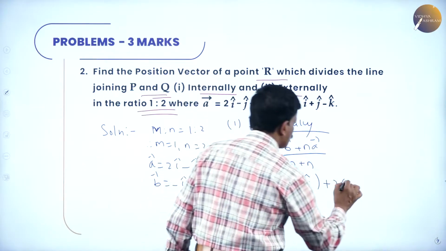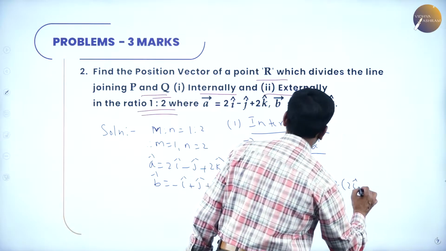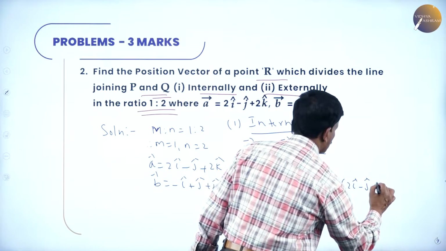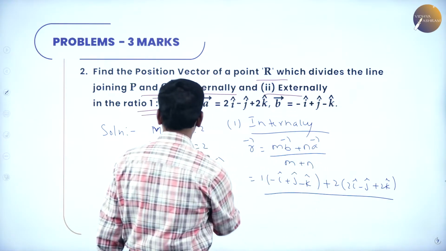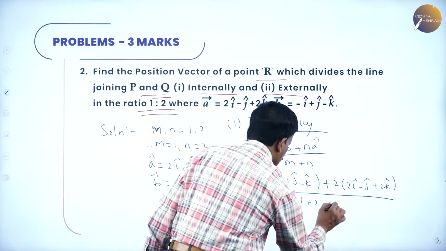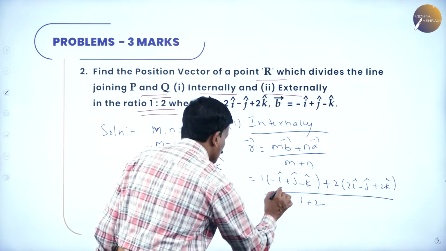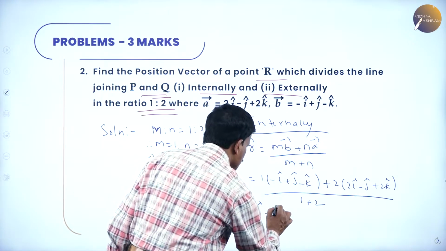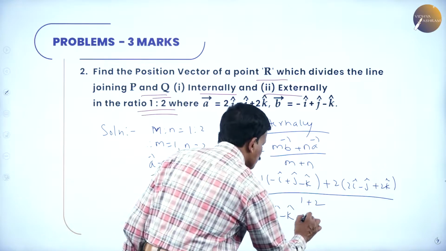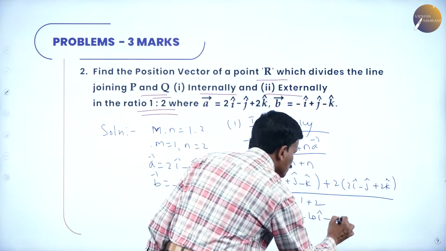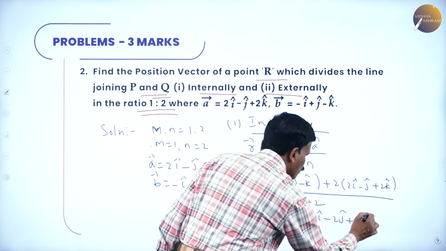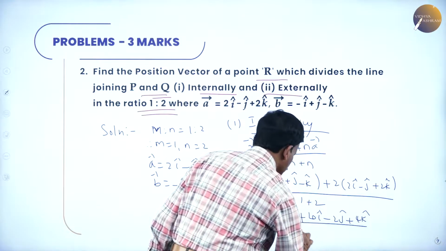What is vector a? 2i minus j plus 2k, divided by m plus n. What is m plus n? 1 plus 2. So this is r is equal to minus i plus j minus k plus, multiply by 2, 2 into 2 is 4i minus 2j plus 4k, divided by 3.